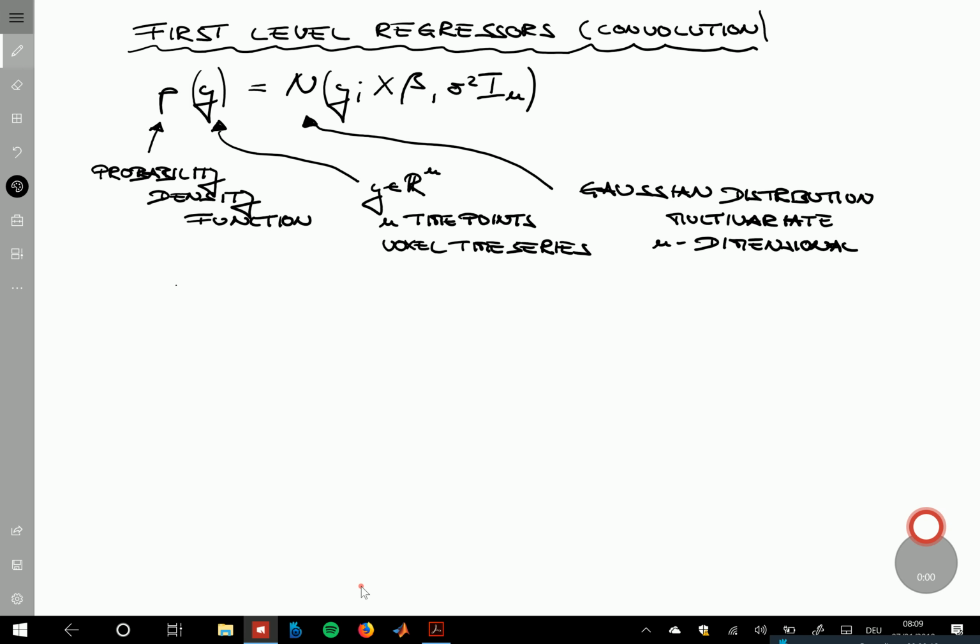Y is again the data, just as a reminder. But then we have this X. So what is X? X is the matrix.